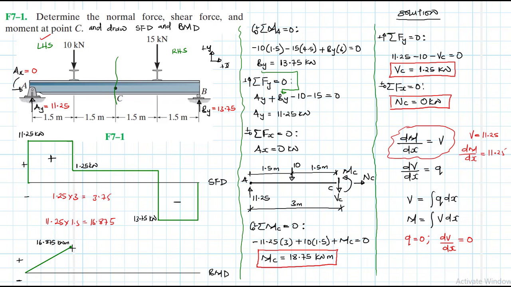But mind you, at 1.5 we have 16.875, so it will have to interact with 3.75. Since both of them are positive, when they interact they'll just add. So 16.875 plus 3.75 gives us 20.625. So it will move up again.